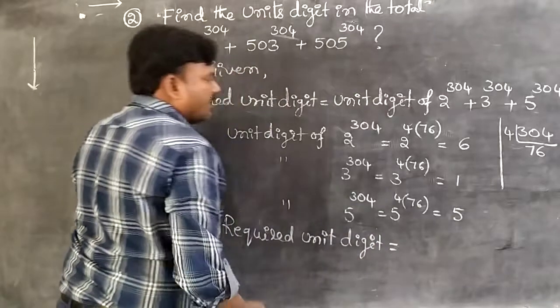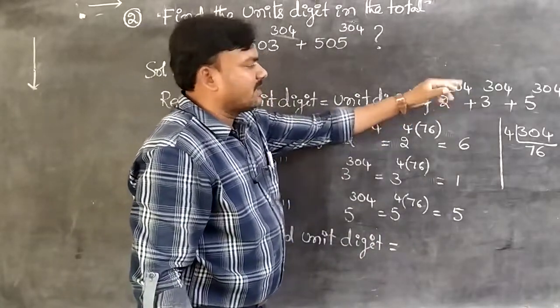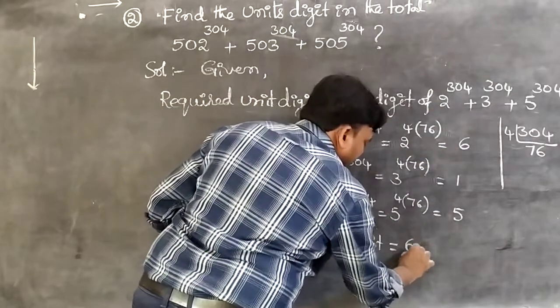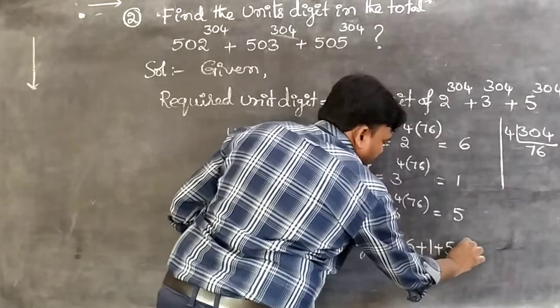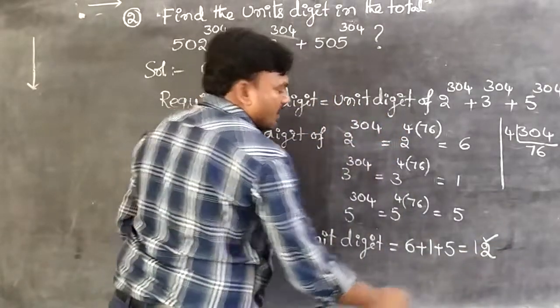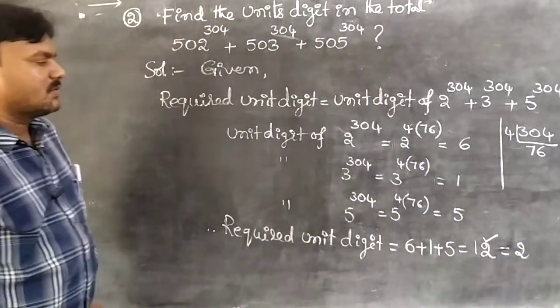Required unit digit equal to, here what they have given is the unit digit of 2 power 304, 3 power 304, 5 power 304. This value means summation. So that is 6 plus 1 plus 5. So it becomes 12. In the 12, what about the unit digit? 2. So 2 is the final solution.